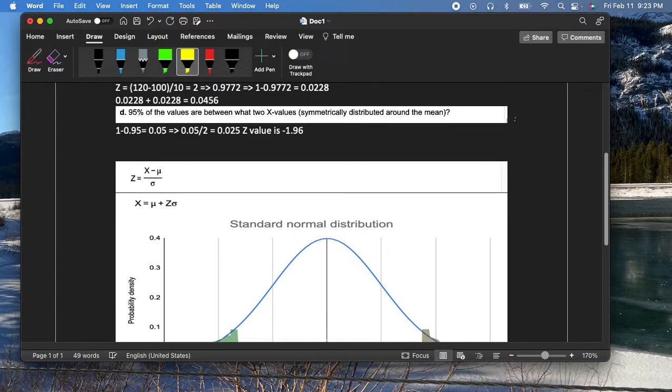Okay, so we have here 1 minus 0.9750 equals 0.025, which has a z value of 1.96.